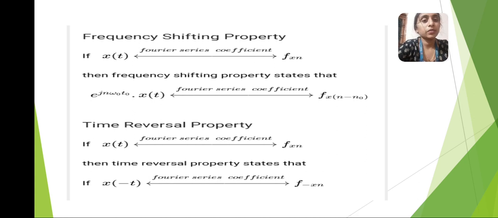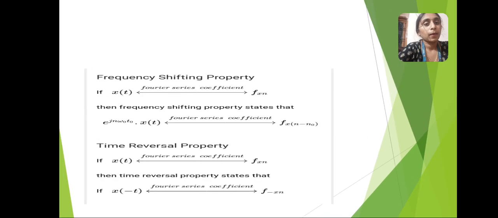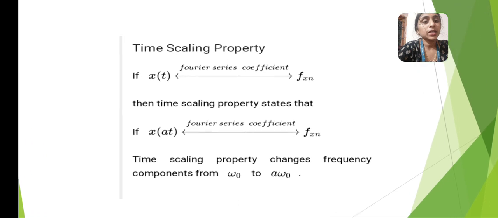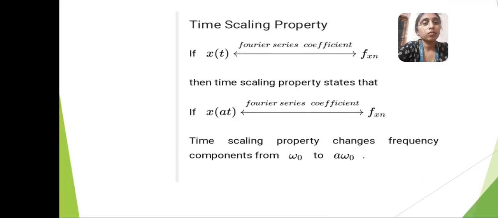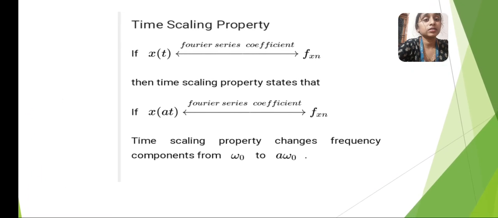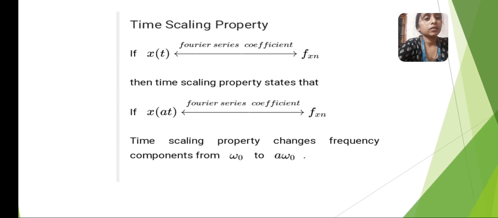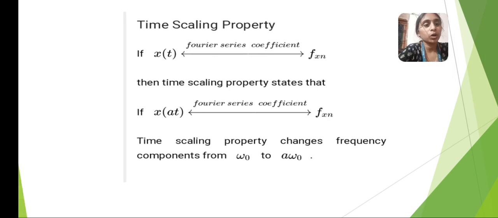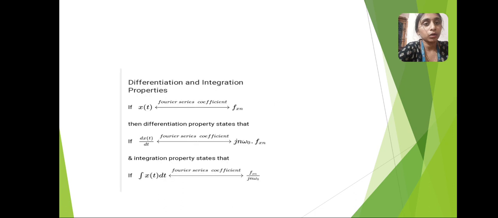This is the time reversal. Then the time scaling property: if x of a t has the same coefficients, the time scaling property changes the frequency component from omega naught to a omega naught.